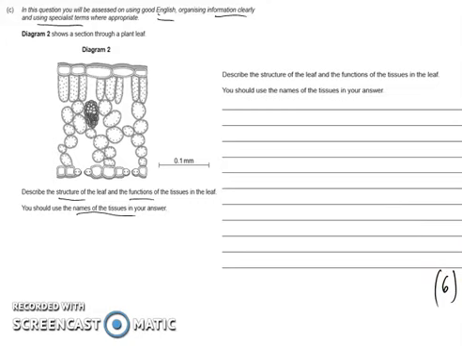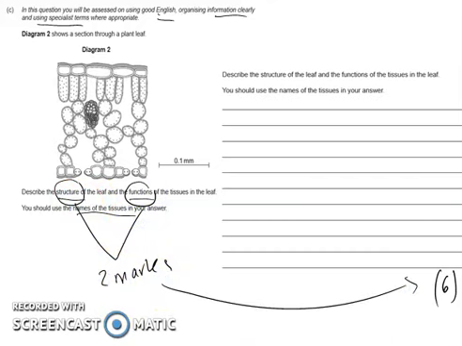What I would recommend you do in this case is notice they're asking you to talk about the structure and function. Both right there is worth 2 marks. And we know we need an answer that is going to equate to 6 marks. So you really need to say about 3 points or 3 cells or layers.